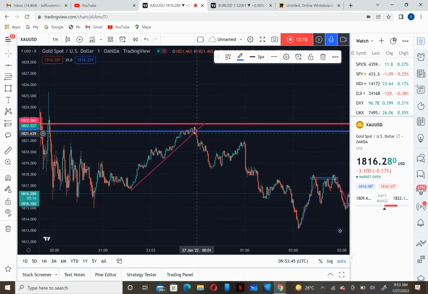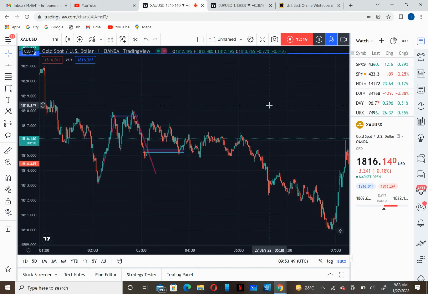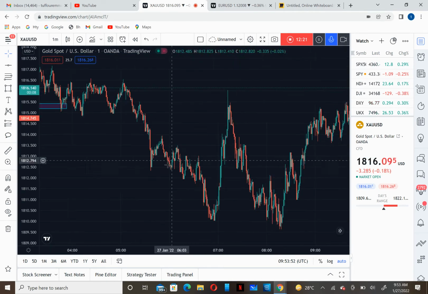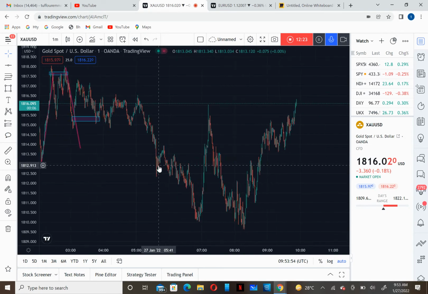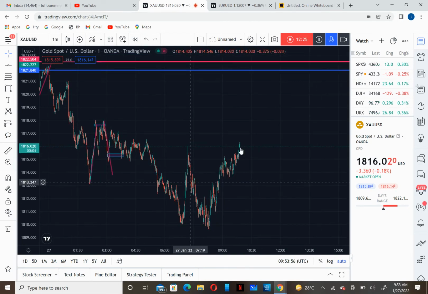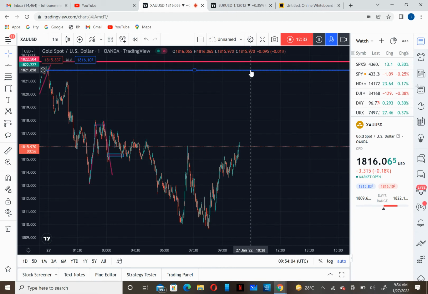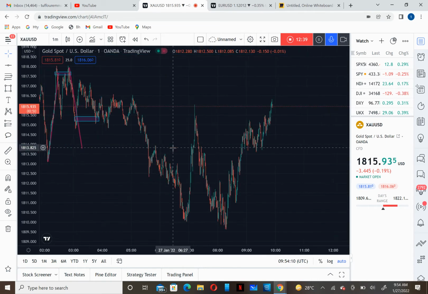So this was it coming down, meaning it's supposed to come back to that same point. You see, this one was a very long one. That's around 1822. So you can see this is the current market. It will come back to that same point again. This is a 1 minute time frame.